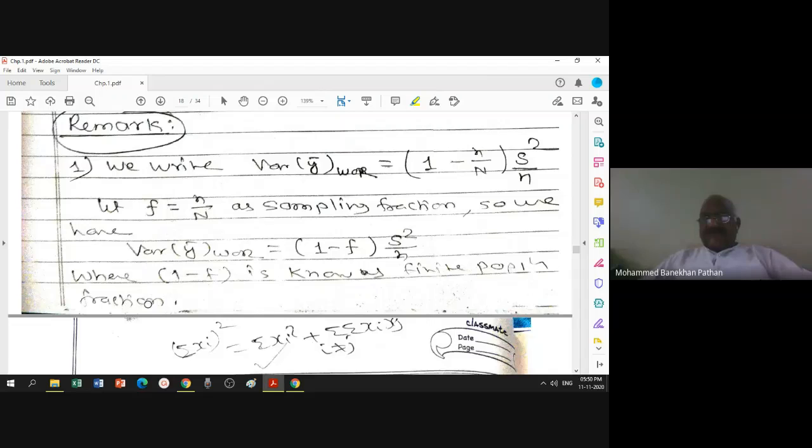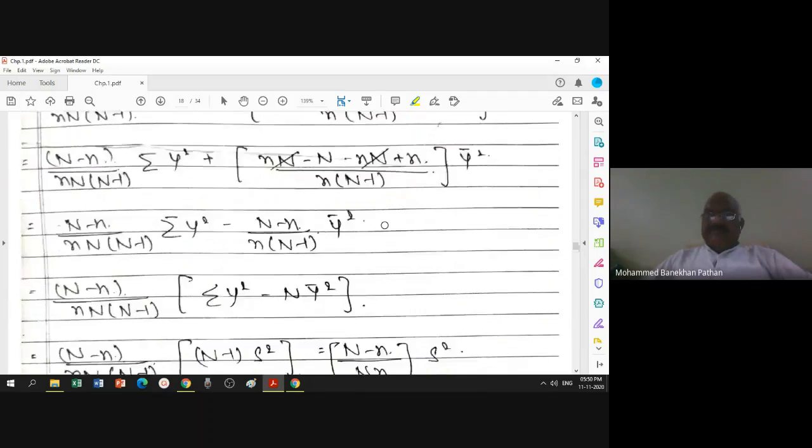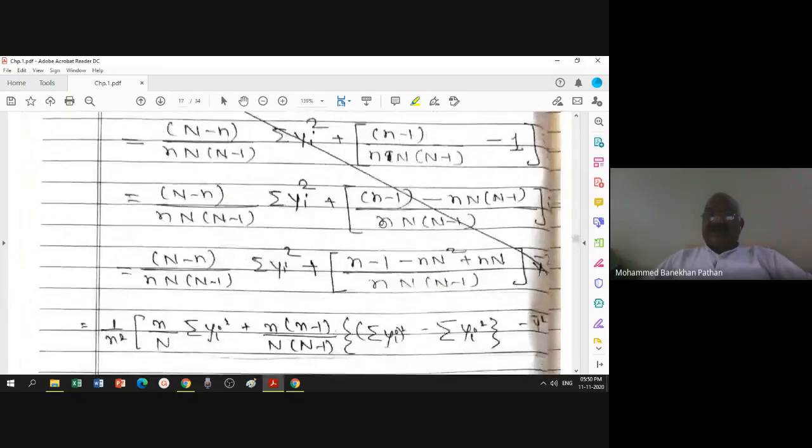That means if the population is very large as compared to the sample size, this factor becomes 0. So 1 minus 0 is 1. So your variance of y bar for a large population is S square by n. Same thing happens for with replacement.